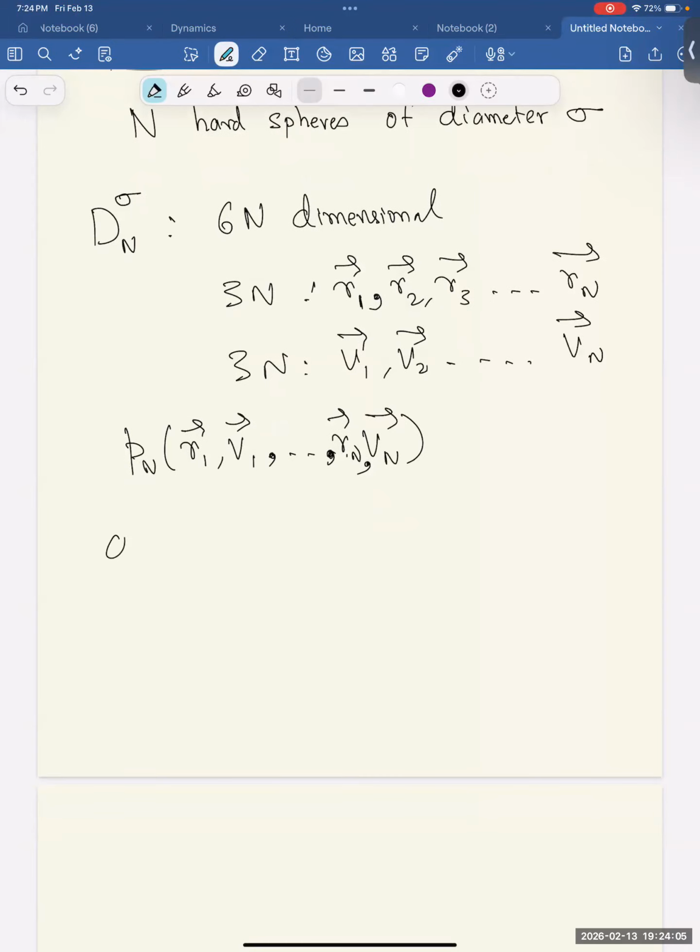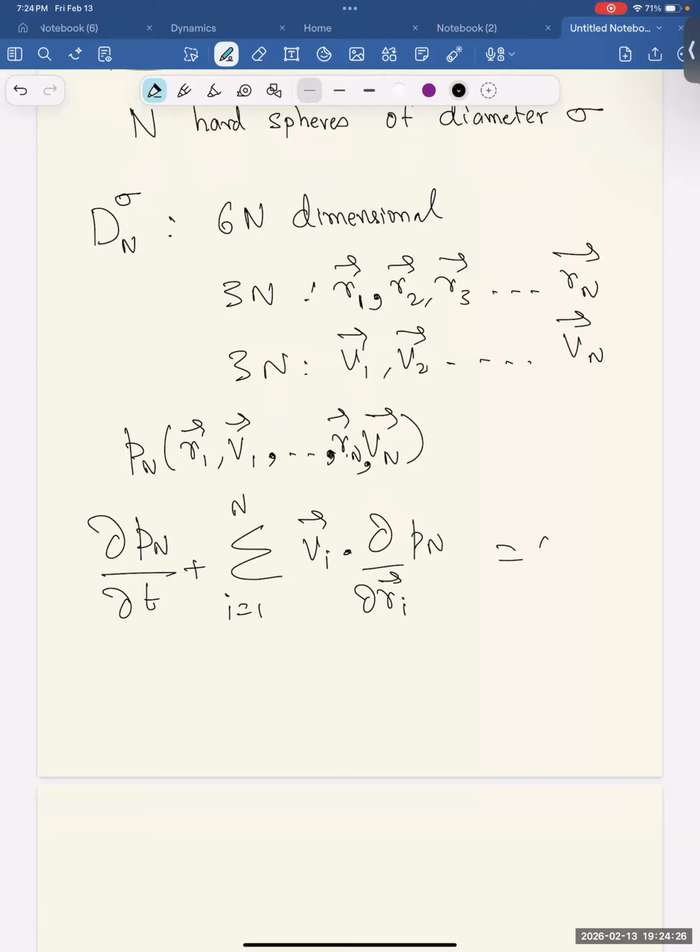And this basically satisfies, it's very easy to show, we did this already, dPn/dt plus the summation i equal to 1 to n of vi dot d/dri of Pn equal to 0.